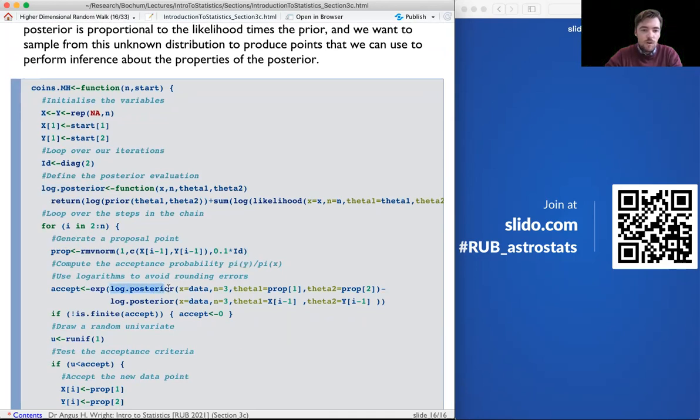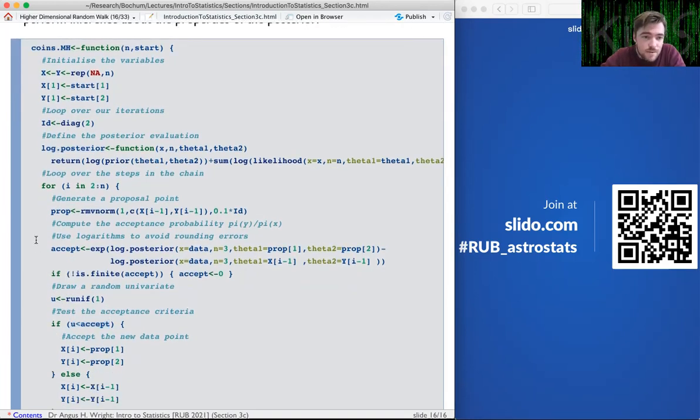So I calculate the log posterior given the data at the proposed value, and I calculate the log posterior given the data at the current value. And my acceptance is still a random uniform draw, and my acceptance is still just this equality here. That is it. With that acceptance function and that proposal function, we have written a Metropolis Hastings Markov chain Monte Carlo.